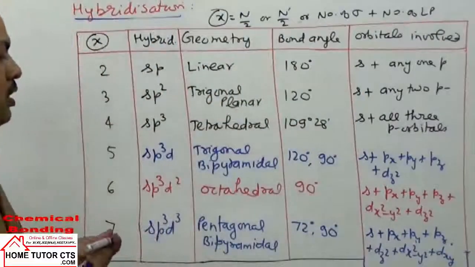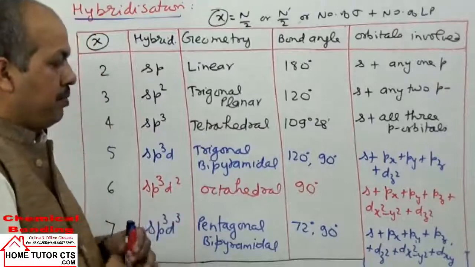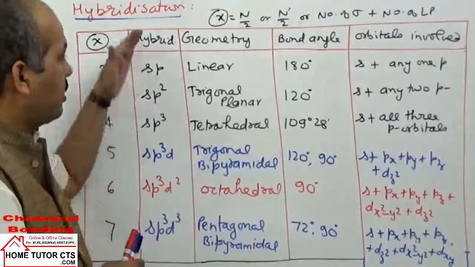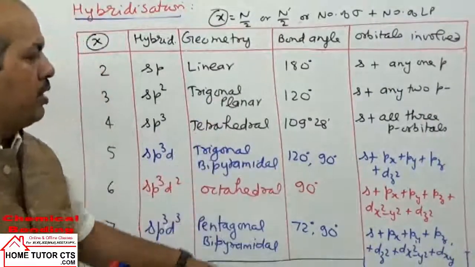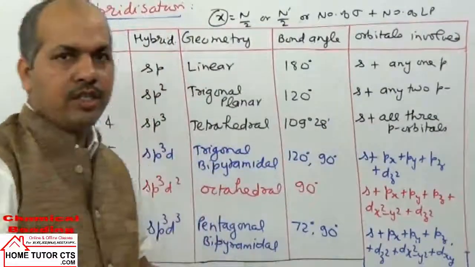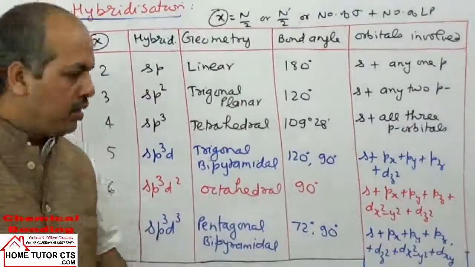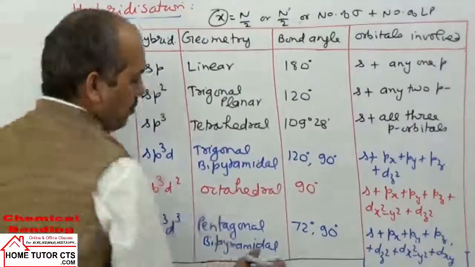Involve 3 d orbitals. That is the table in which we have summarized the orbital involved. This part normally is not required for doing questions. It is for your understanding or information only.